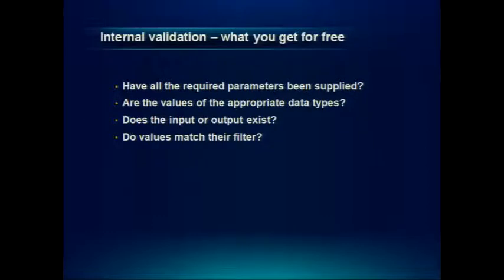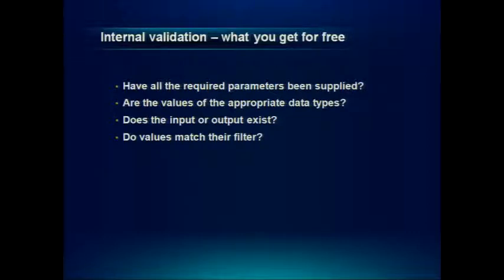When we talk about validation, we typically talk about internal validation, or validation that you get for free just by having defined a script tool. What you get for free without doing anything is that all the required parameters are there. You can't hit OK until you've filled in all the required parameters, or all the parameters of an appropriate data type.